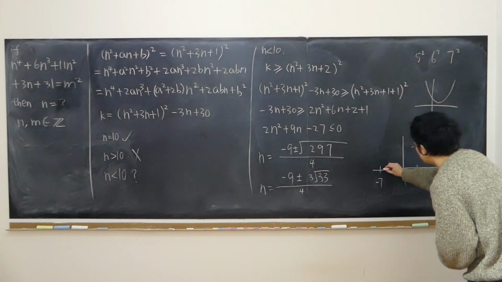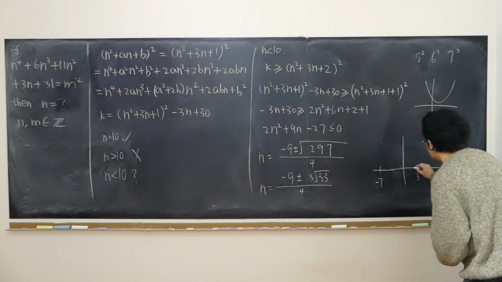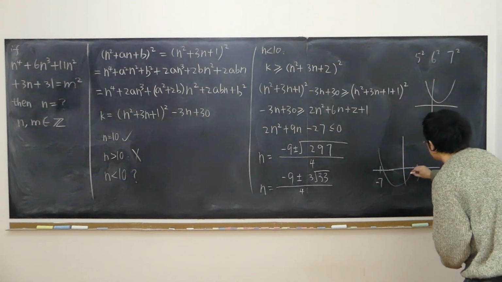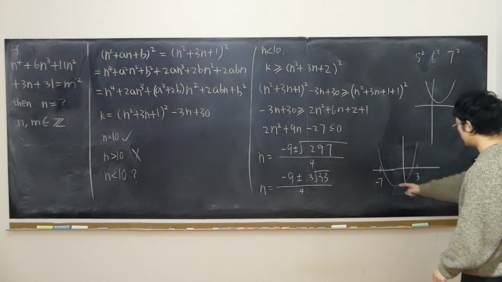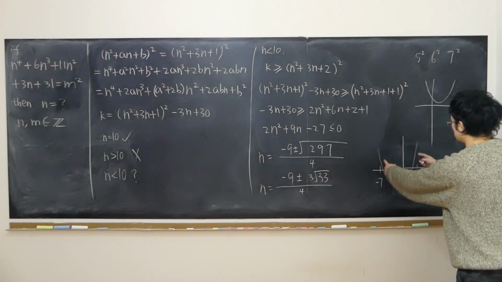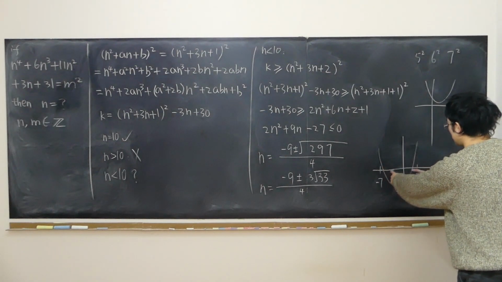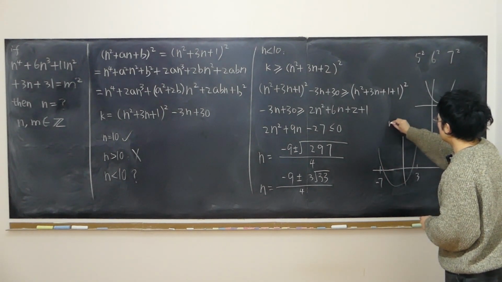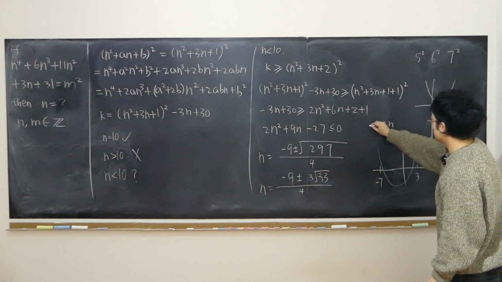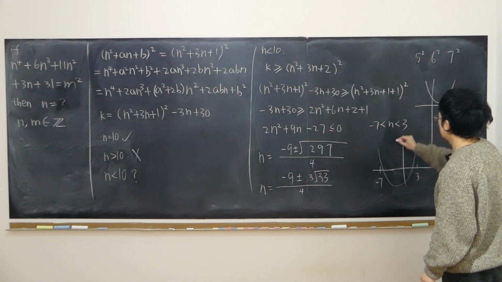Because its two roots are somewhere here and there, and it opens upwards. So it cannot be strictly beyond minus 7 or 3. Otherwise, it will be greater than 0. Not allowed. So in other words, n is restricted in between minus 7 and 3.